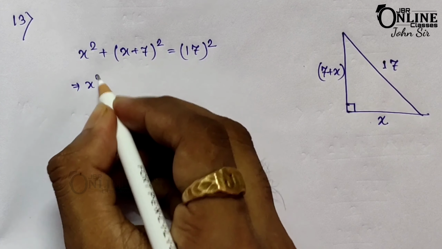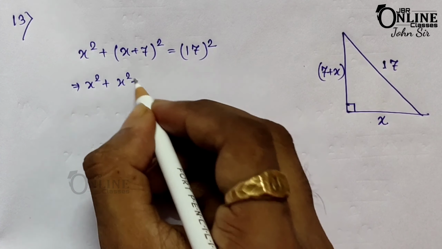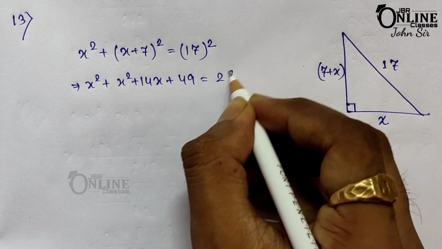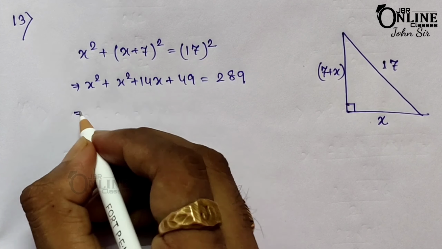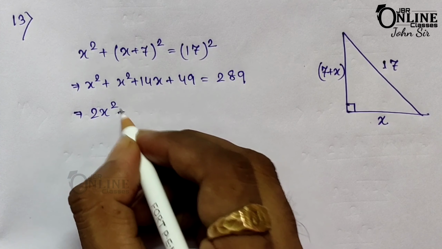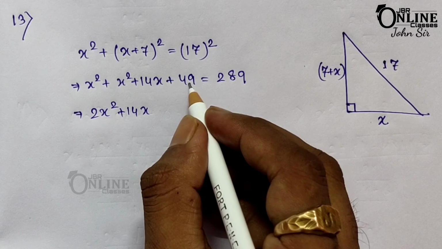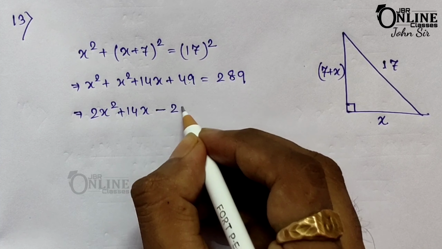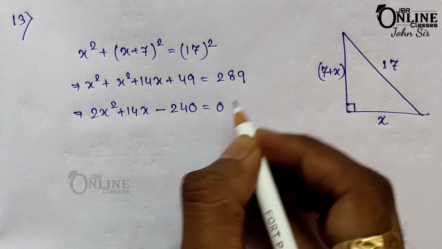Okay. So here x square, here also x square plus 14x plus 49, and that equal to 289. Clear? So 2x square plus 14x, then 49 minus 289, it becomes 240.